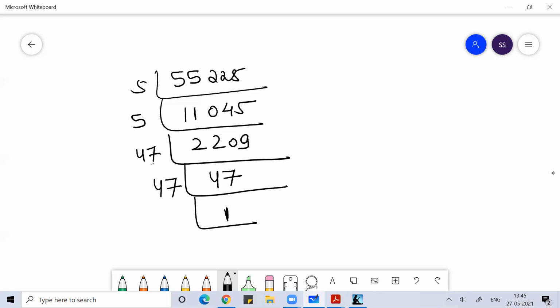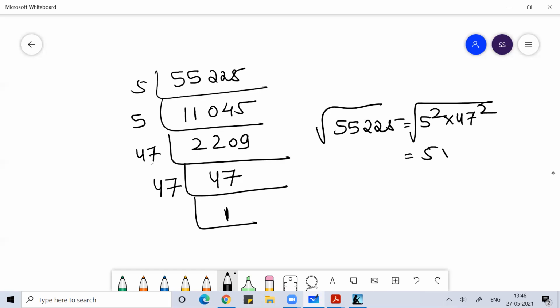Okay, sir. 2209 is 47 square, right? Yeah. 3 square is 09, and then 47 minus 3 is 44. Then done. So 55225 is basically 5 square into 47 square. So what is the square root of that?